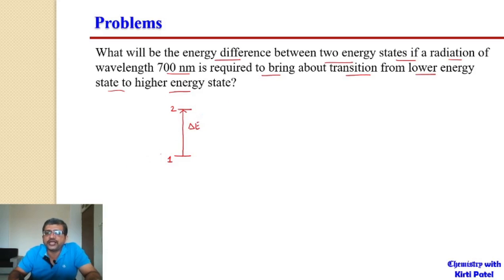And what is given? A radiation of wavelength 700 nanometer. In the given quantities we have lambda equal to 700 nanometers, that is 700 into 10 raised to minus 9 meters. This radiation is required to bring about a transition from lower energy state to higher energy state. The energy of this radiation will be equal to h times nu, with lambda of this much.